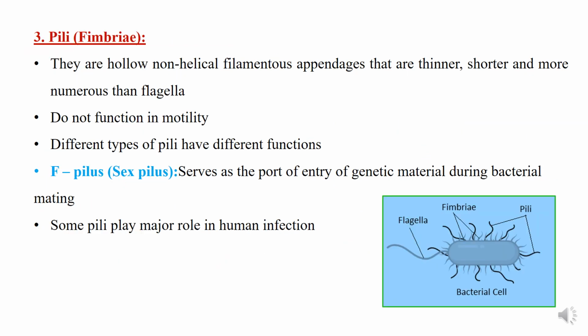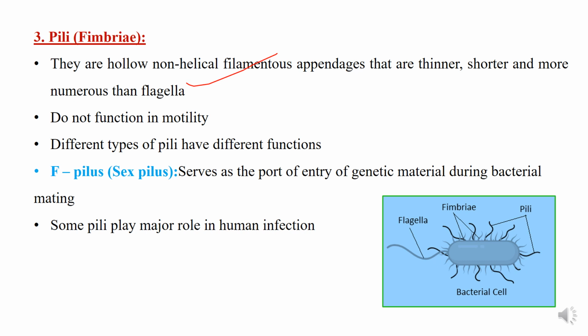Another structure is the pili and fimbriae. These are structures present throughout the bacterial cell, which are thinner, shorter and more numerous than flagella, and their function is not in motility, but they have different functions.